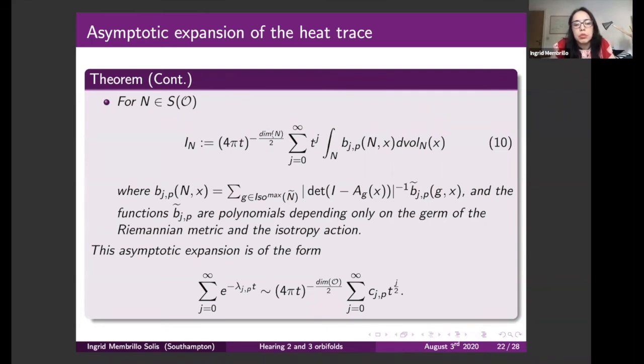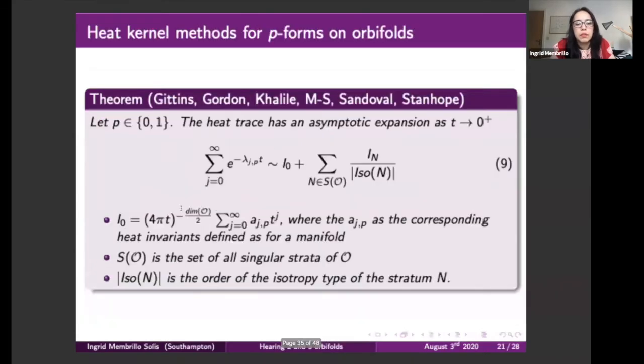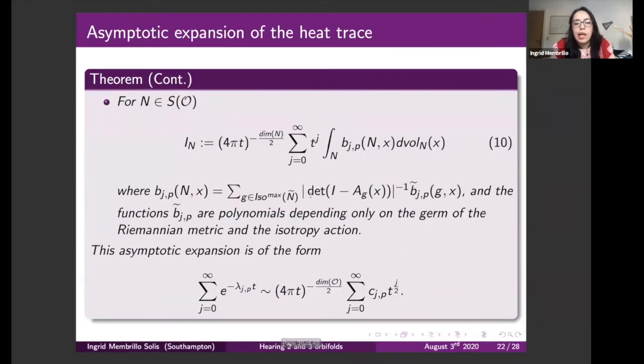I want you to notice the change here: this is the dimension of the stratum, whereas before, for the case of the manifold, we had the dimension of the orbifold. And here we have some functions b j p, which are basically sums of all the elements in isomax of n tilde.